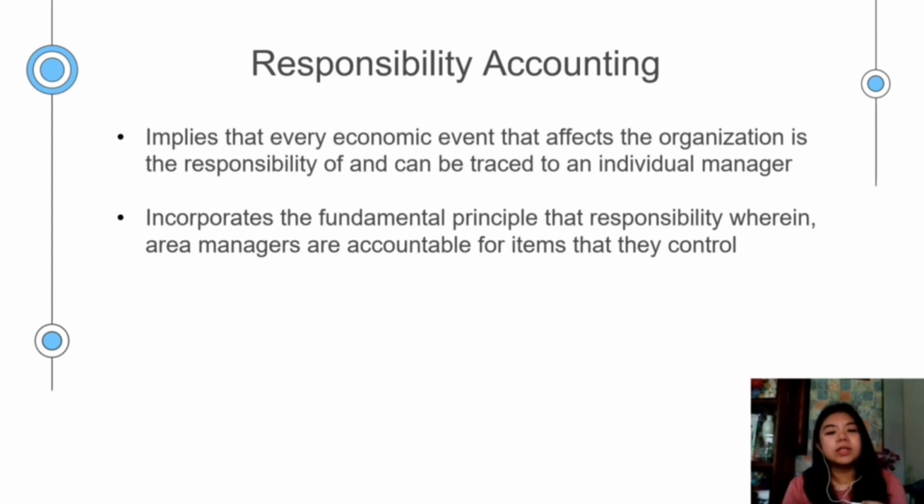It incorporates a fundamental principle that area managers are accountable for items that they control. So rather than the top level management making all the decisions, they delegate their decision-making sa kanilang mga managers so that they will be able to decide for their departments.